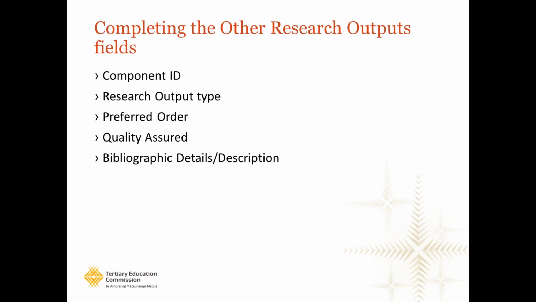Here you're just putting in relevant bibliographic information, such as author and all the things you would normally put in, but no additional comments about quality or significance. Most of this information would probably come from a research management system. As with the NROs, there is also a preferred order with the OROs. Same thing there.